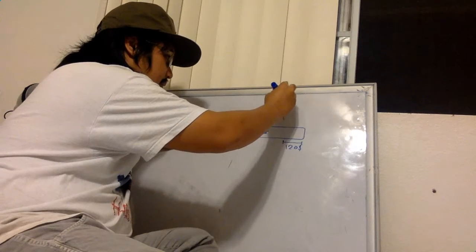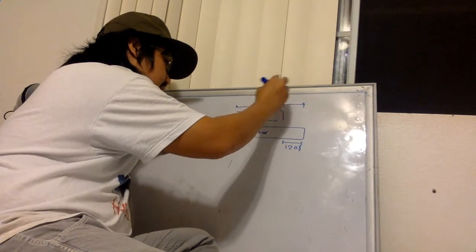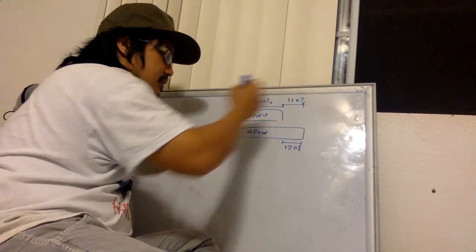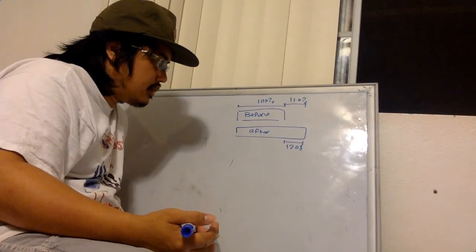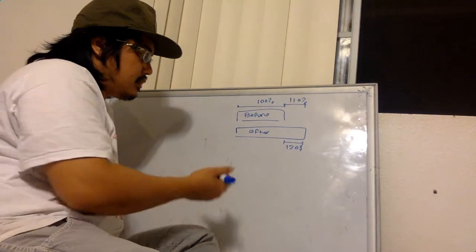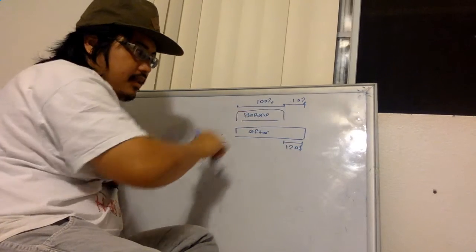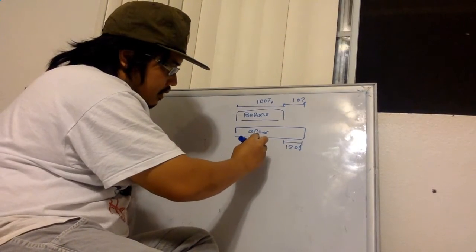And I know that the amount it increased was, this was originally 100%. And now this whole line right here is 110%. So I guess the thing is, this little bit right here is 10%, and that's equal to 120. So I know a relation there.